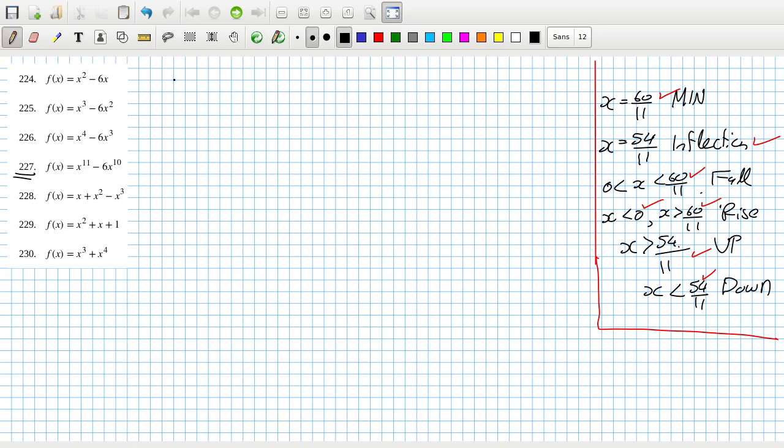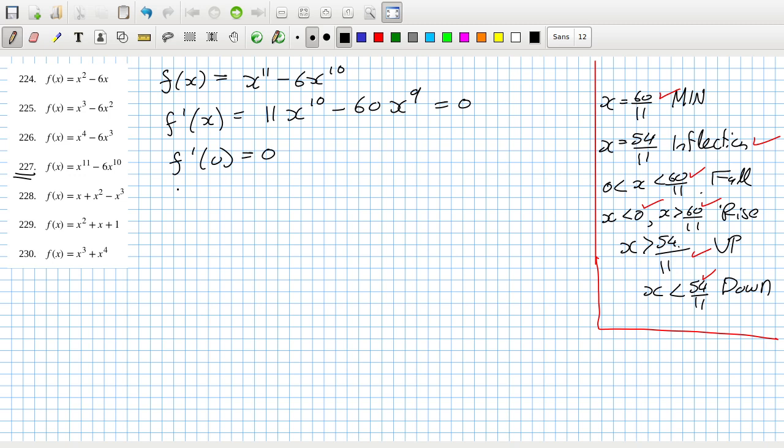Okay, so f(x) equals x power 11 minus 6x power 10. Okay, so the derivative would be 11x power 10 minus 60x power 9. You want that to equal 0. So f derivative of 0 equals 0. f second derivative of 0 equals 0.